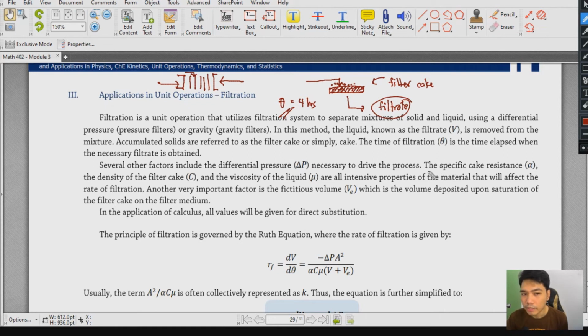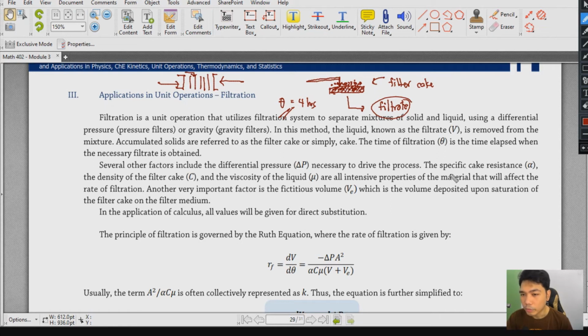And then, our cake resistance. We know that we build up sediments here, right? We don't remove this, so as we proceed with the process of filtration, it keeps adding up. Actually, in filtration the resistance in our cake builds up. Since it is building up, it becomes like an additional layer of filter.